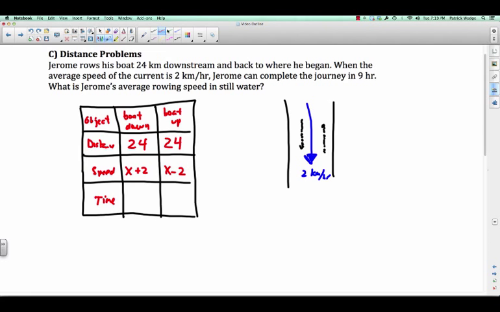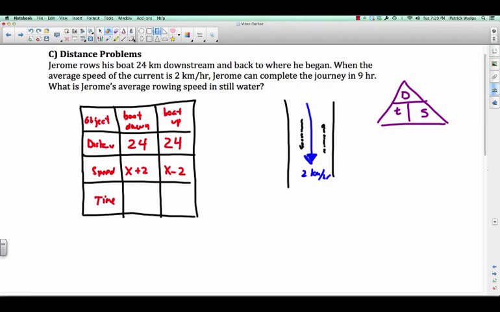Okay, for time. Now, to get the time, you need to remember something about time, distance, and speed. If you've taken physics before, you know this already. There's a relationship between distance, time, and speed. In order to do this, I'm going to make one of those magic triangles I'm sure you've seen in science. D is for distance, T is for time, S is for speed.